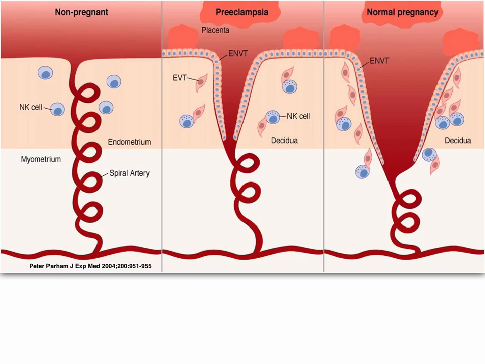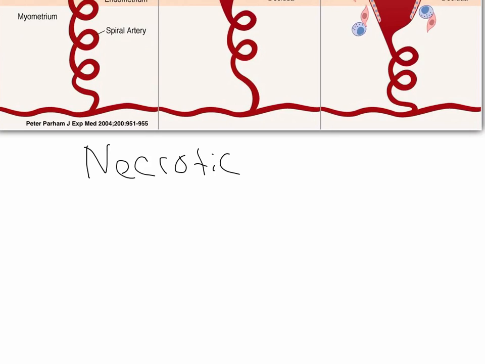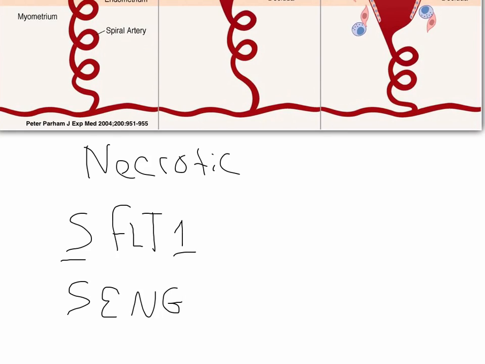Ultimately, this can result in fetal growth restriction, so the baby can have a low birth weight, and the placenta will become necrotic. When it becomes necrotic and dies, it releases two specific soluble factors into the mother's serum. The first is soluble FMS-like tyrosine kinase, or sFLT1.